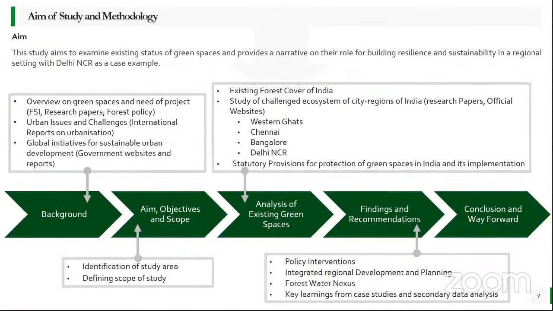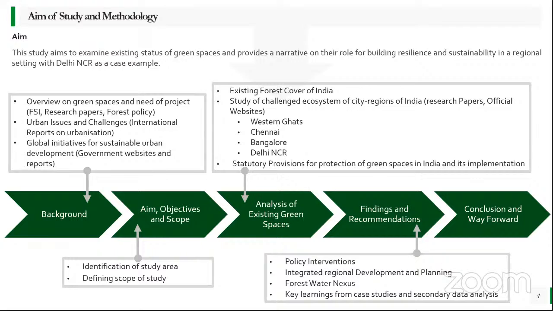With this context, my project aims to examine the existing status of green spaces, and it provides a narrative on their role in building resilience and sustainability in a regional setting, with Delhi NCR as a case example. My methodology is based on secondary data analysis.